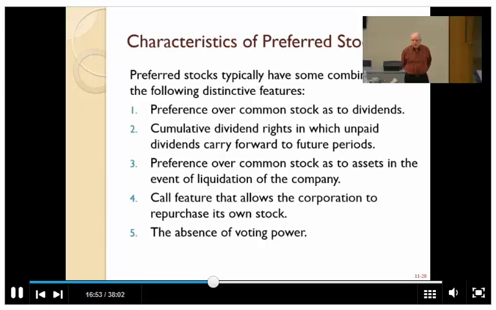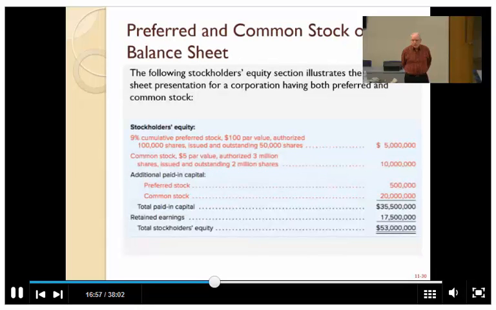Okay? Now, again, the presentation on the balance sheet, the preferred stock at par would be shown first. Again, you'd have to disclose the authorized shares and the issued and outstanding, and then you would show your common stock at par, and then the additional paid-in capital accounts.